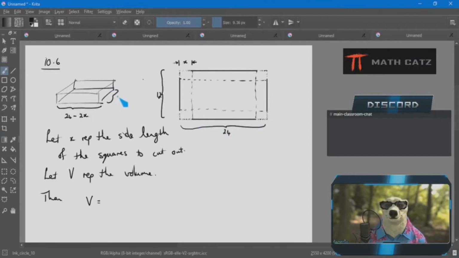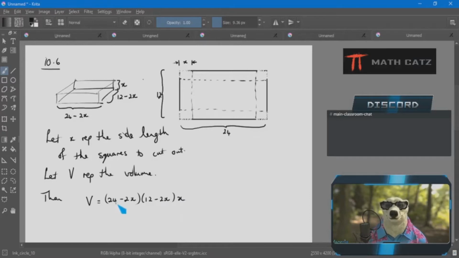The width of the box is now 12 minus 2x, and the height or the depth is that exact square length that I'm folding up. It's going to be the depth of the box. So the volume is then going to be (24 minus 2x) times (12 minus 2x) times x.